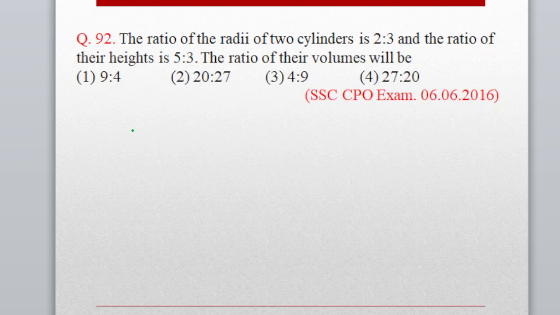Now the volume of a cylinder is pi r square h. Suppose the other is also pi r square h.